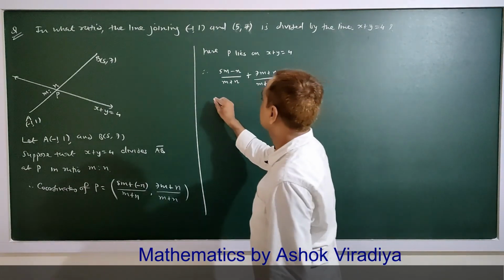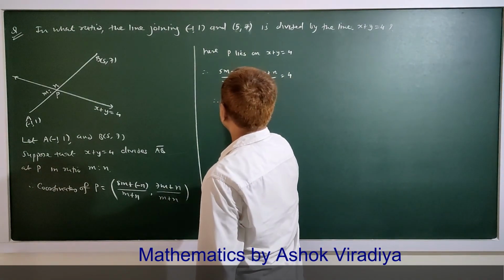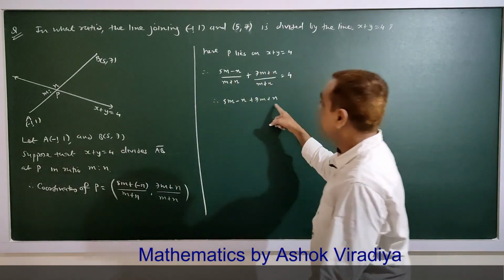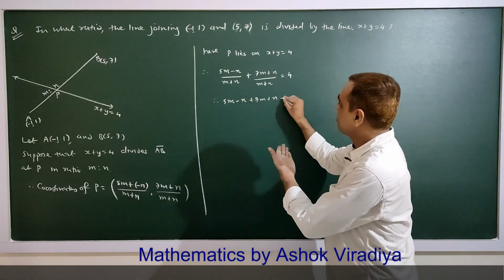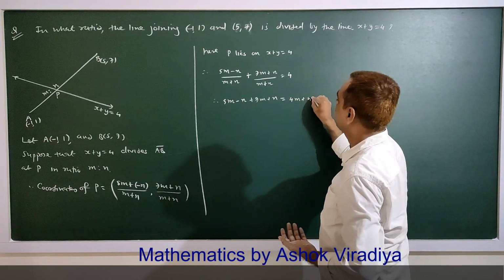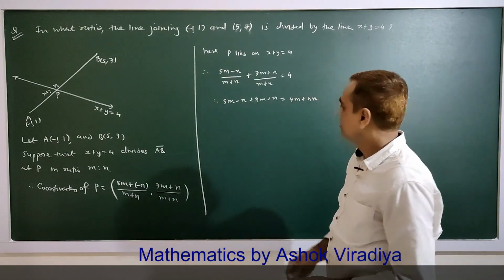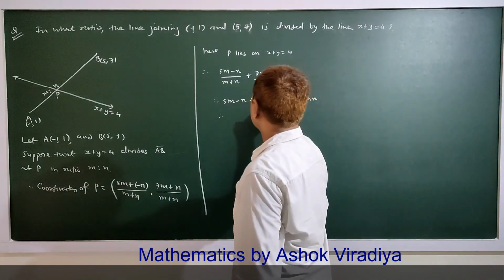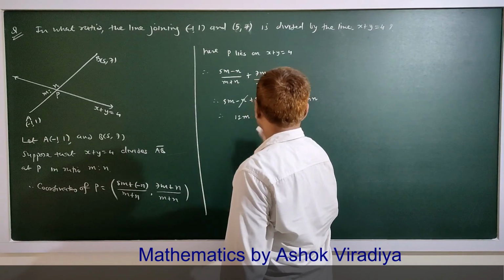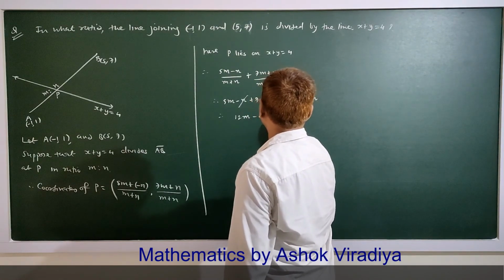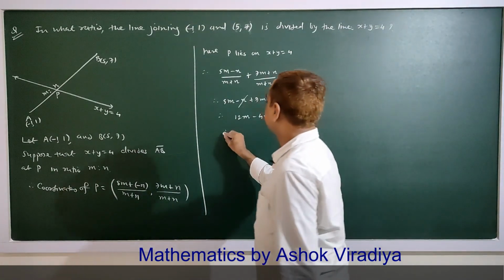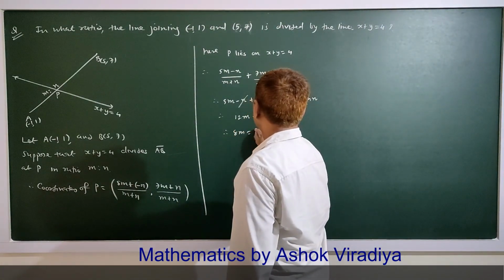So simplifying this, 5m minus n plus 7m plus n upon m plus n, LCM, multiply on the right hand side. So 4 into m plus n is 4m plus 4n. Therefore, 5m plus 7m is 12m. This will be cancelled. 12m minus 4m is 4n. So 8m is equal to 4n.